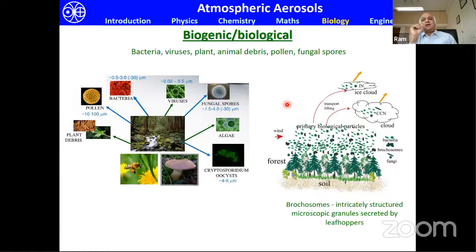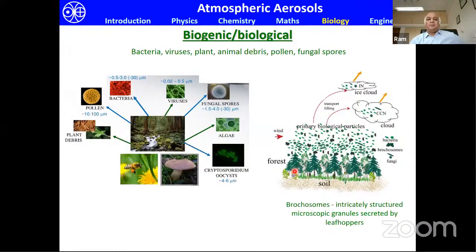natural component of aerosols in the atmosphere is of biogenic or biological origin, where the bacteria, viruses, plant and animal debris, pollen, fungal spores, etc., also contribute to the aerosol that is present in the Earth's atmosphere. I have shown here an illustration of the typical sizes of pollen grains versus the other species of interest.